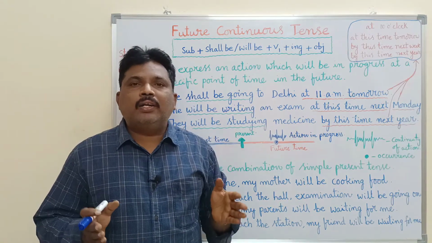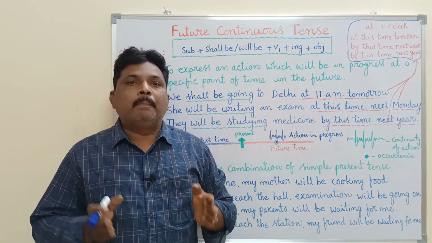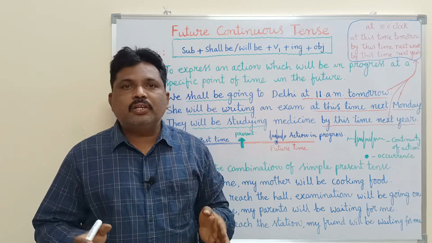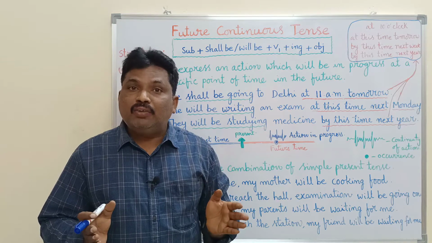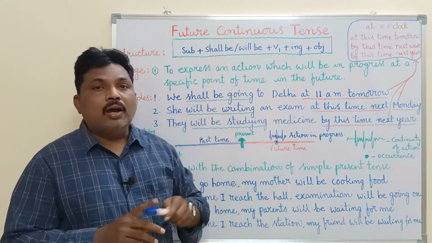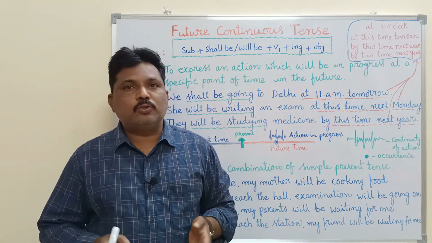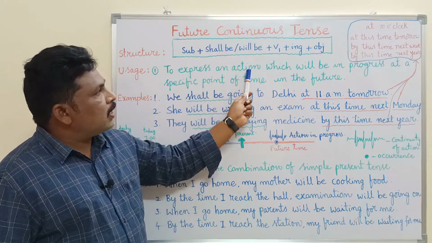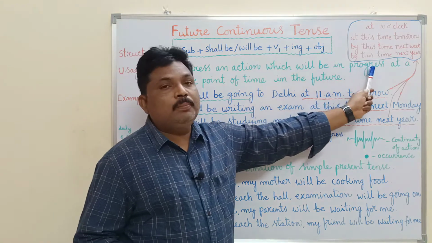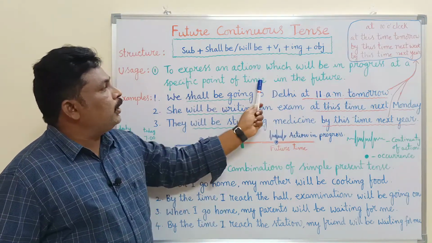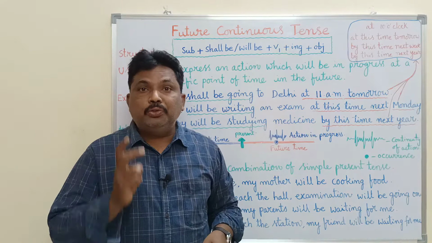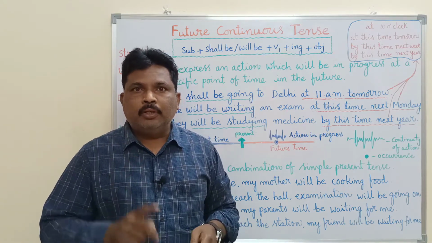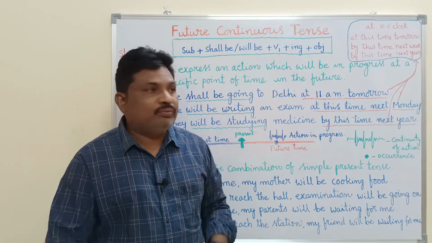Try to understand the difference between present continuous tense and future continuous tense, past continuous tense and future continuous tense. There are differences in the structure as well as in usage. Future continuous tense is used to express an action which will be in progress at a specific point of time in the future. You need to remember two things. Number one, the time, future time. Number two, continuity of the action.